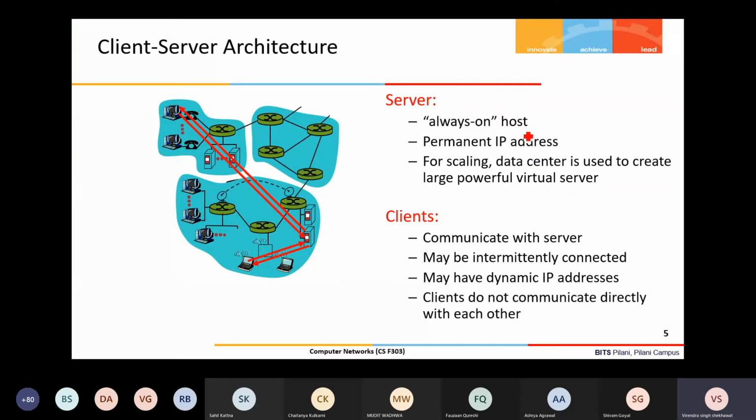A server is an always-on host, like Google, or the Bits website. Anytime you type a URL, you run a client application and then you can connect to that server. So it's always on and it has a permanent IP address.